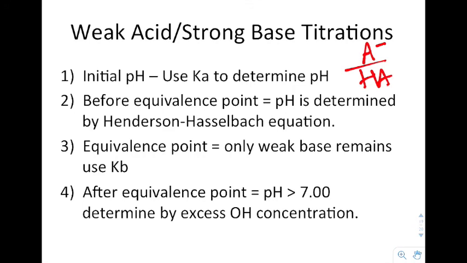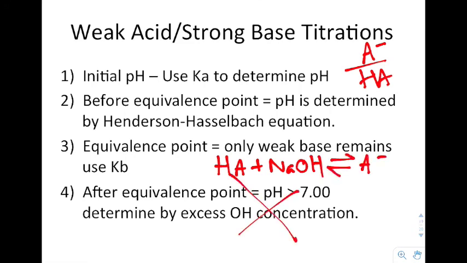When you are at the equivalence point is where you have HA plus NaOH, and these things have completely canceled each other out. The only thing that's left is A minus and H2O. Now remember, this right here is our weak acid. So this right here is the conjugate base.